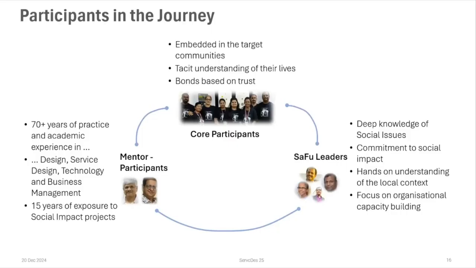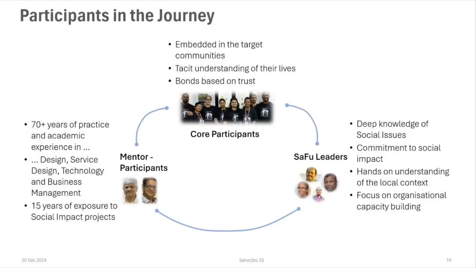And indispensable to this journey was the commitment of the Safu leadership, who themselves have a lot of hands-on knowledge, and they have deep understanding of the issues.